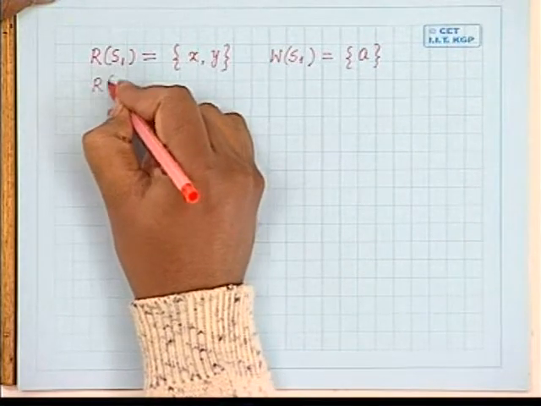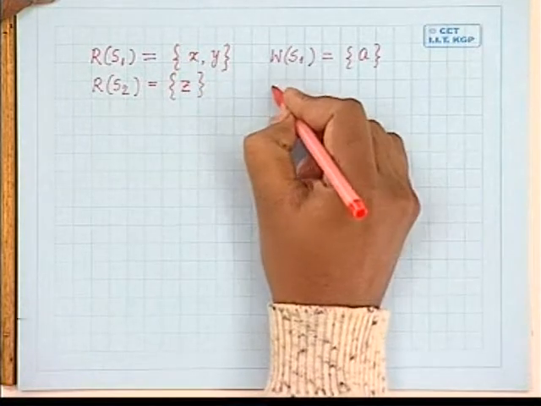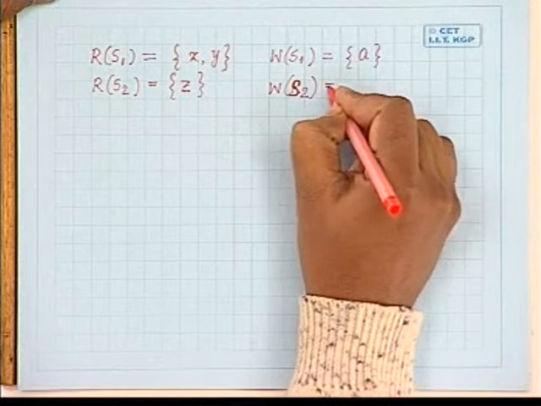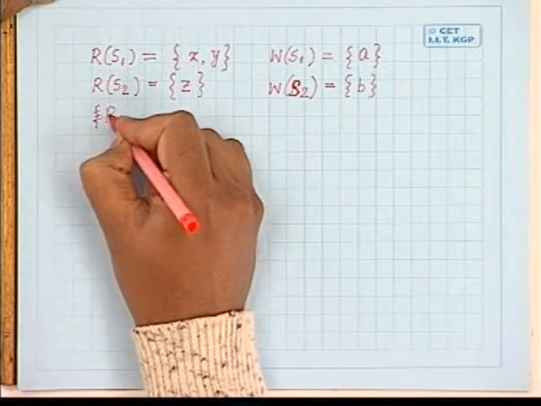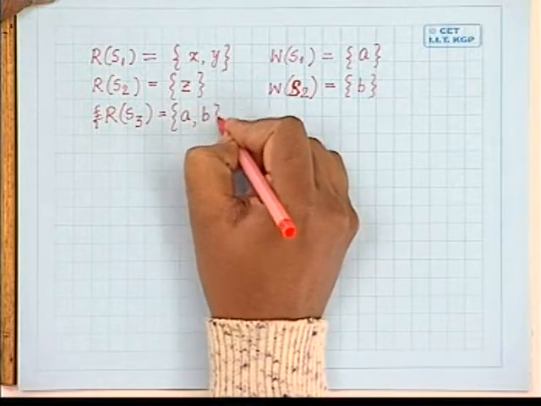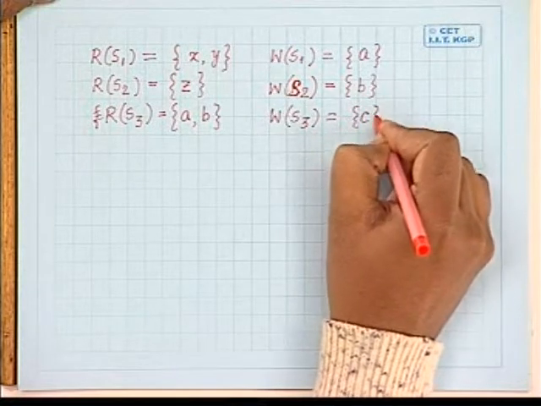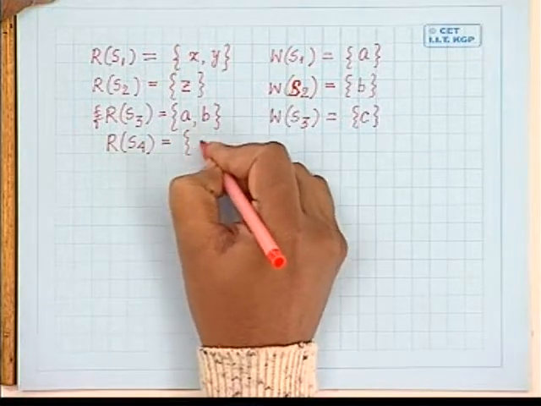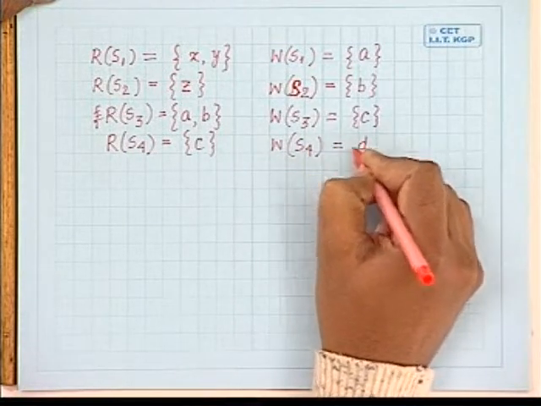Read set of S2 is variable Z, write set of S2, sorry, is the variable B, read set of S3, A and B, write set of S3 is the variable C, read set of S4 is variable C, and write set of S4 is the variable D.